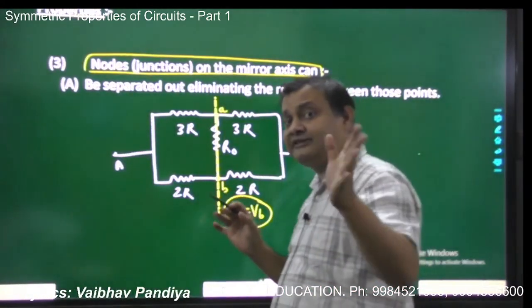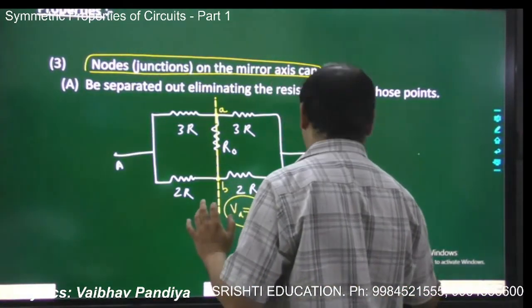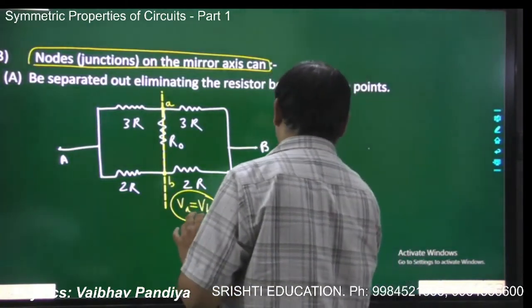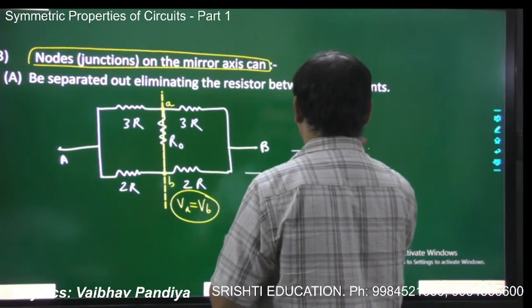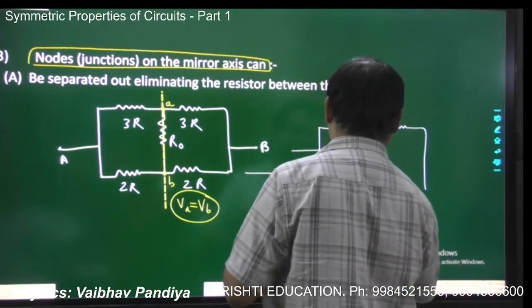It is a passive element of the circuit. It has no role. There will be no current through this element. So what you can do, you can eliminate this element and make an equivalent circuit figure, something like this.